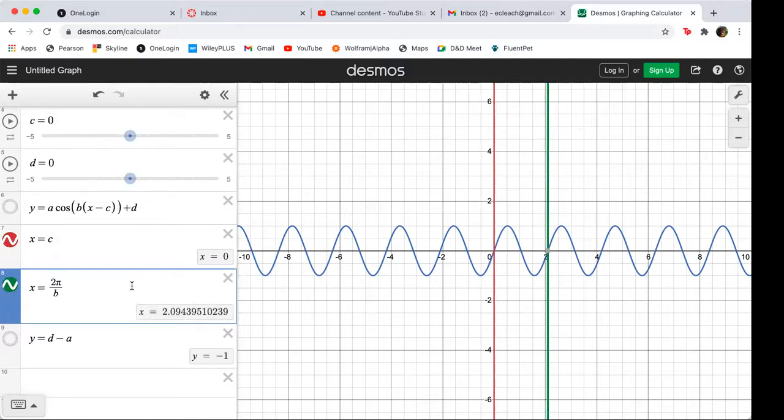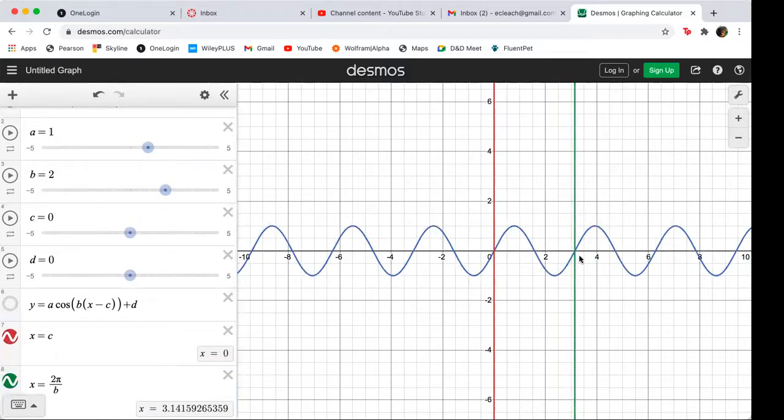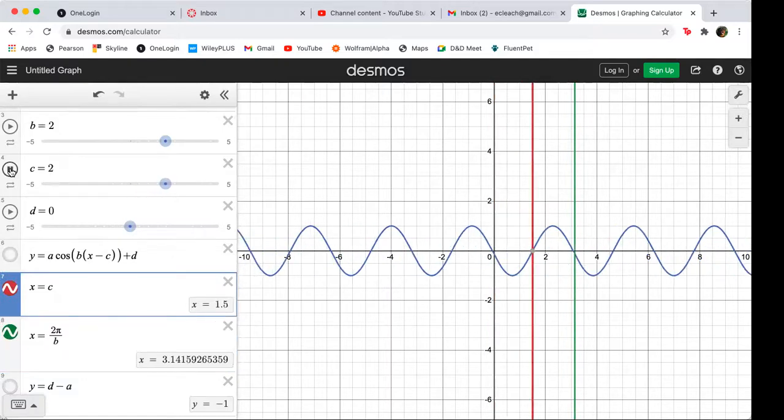I'm going to have the green line at the end of a cycle. So if I change b to 2, then I'm going to have that green line at pi. And if I put the c in motion, we're shifting, oops.